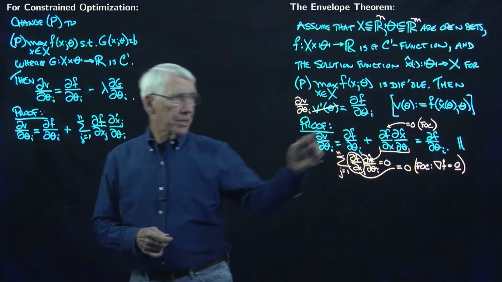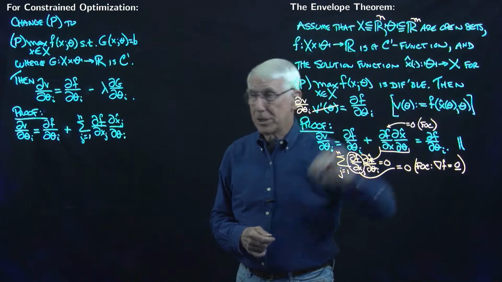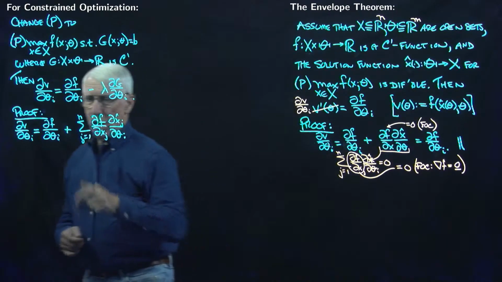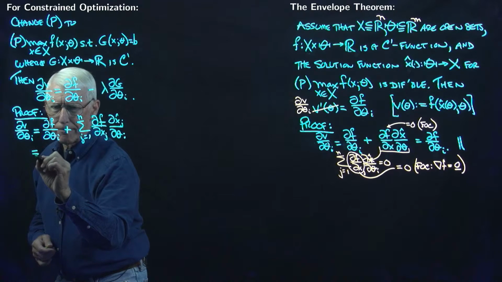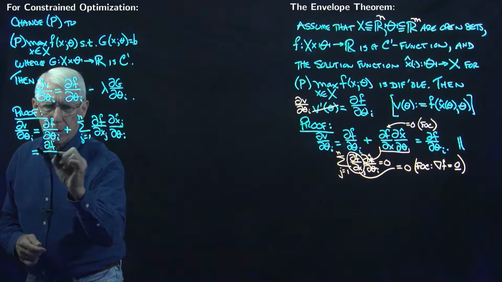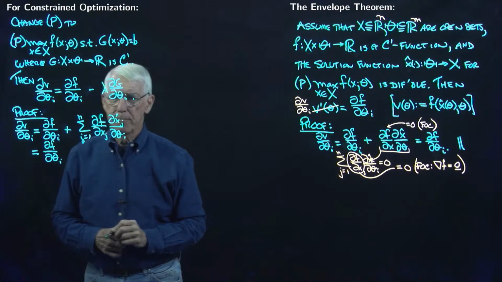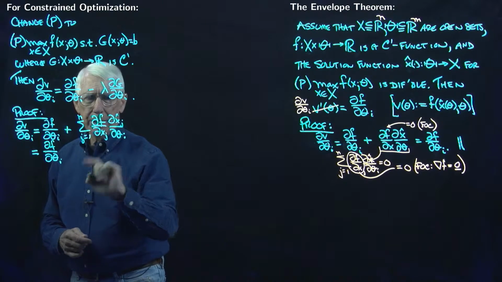And that's, of course, because the value function is still the value function. It's just that we've added this constraint onto here. And so let's see what this is. This is still going to be partial of f with respect to theta I. Now, what about this?